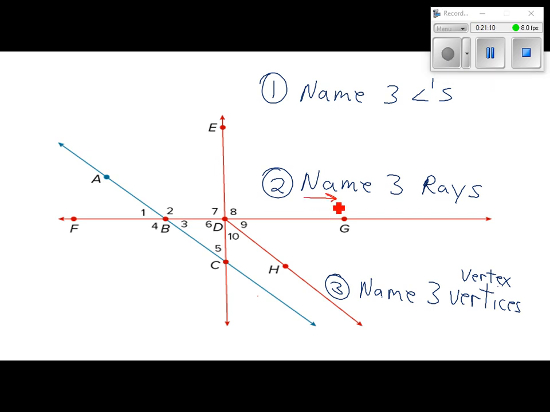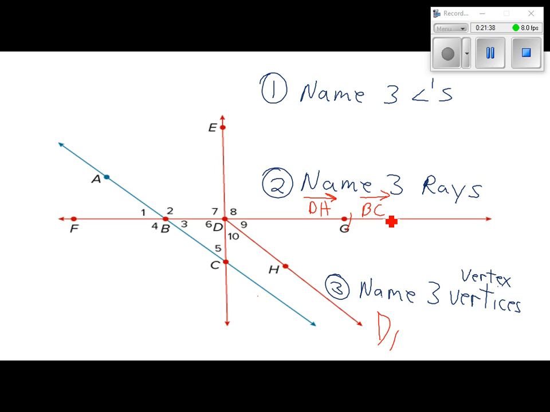Everybody agree with Ray DH? Jonathan, next. For number 3, point D. Everybody agree with that? That's a vertex. Next one, Brandon. Ray BC. Everybody agree with that?